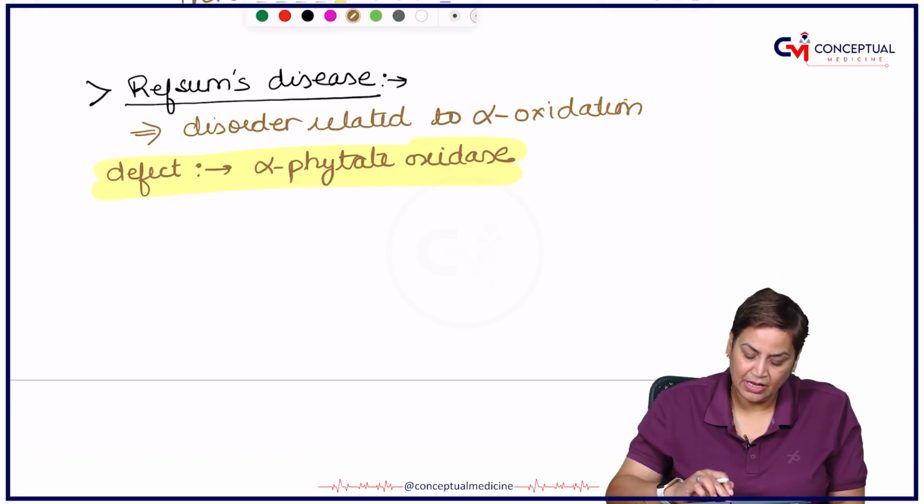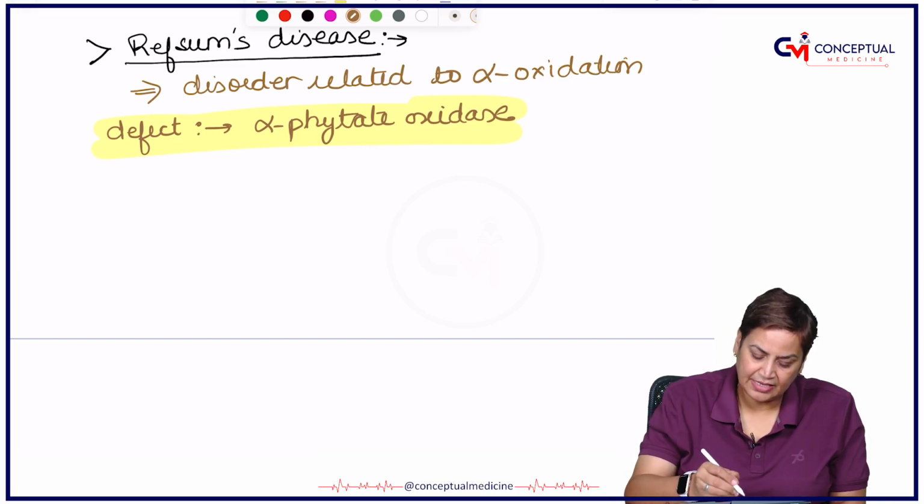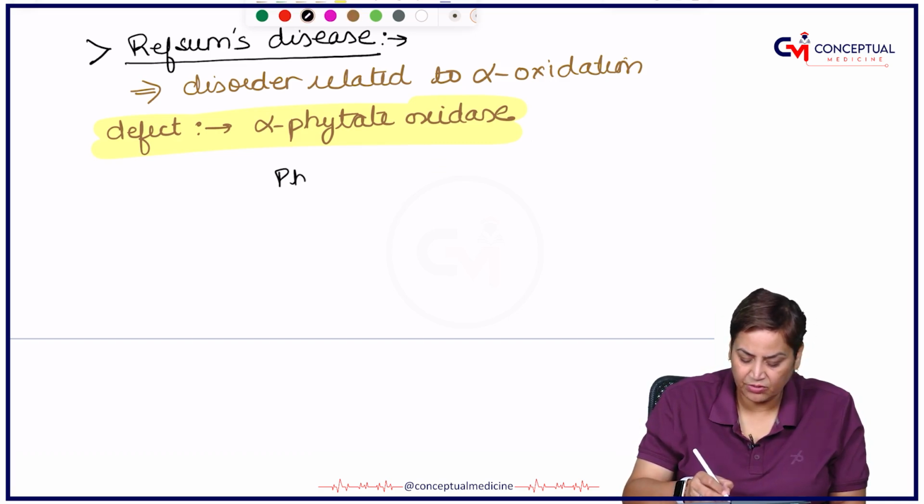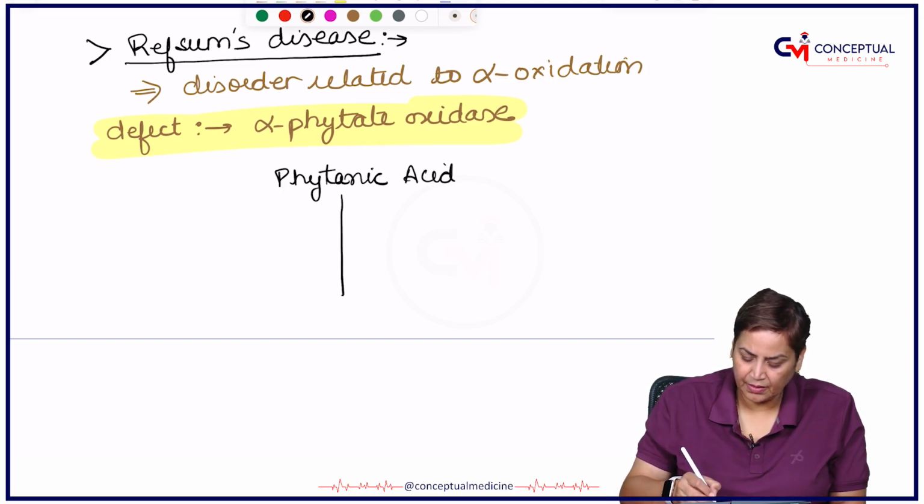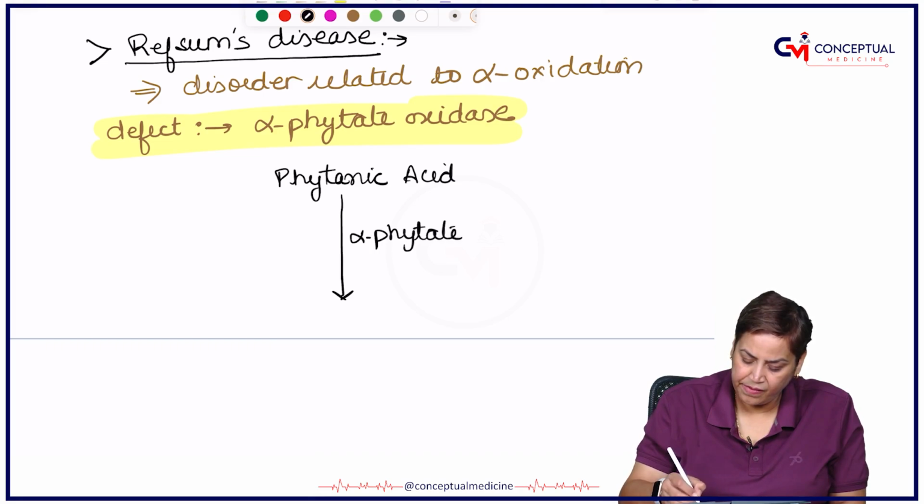Obviously, this enzyme is required for the degradation of phytanic acid into soluble products.